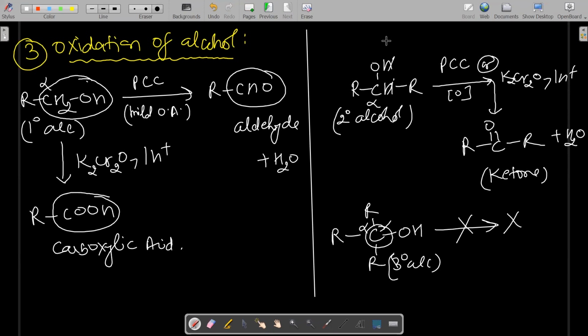Okay. We cannot say dehydration. So this is clear to all of you. The byproduct is water. Tertiary alcohol does not oxidize because of absence of alpha hydrogen. So we can say this is just like an alpha elimination reaction also. It is a part of alpha elimination.